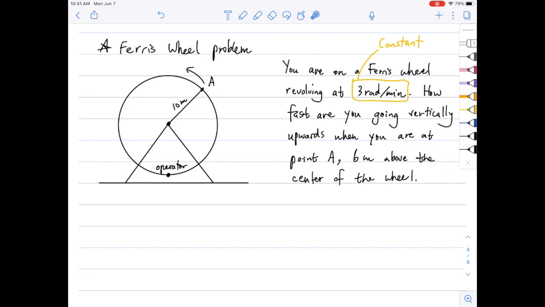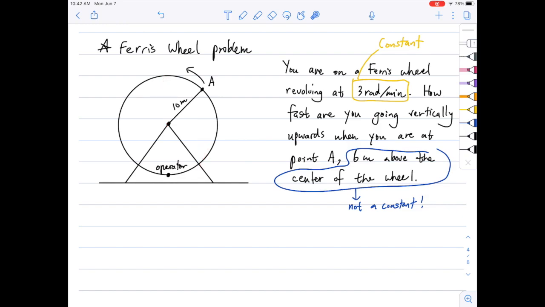I want to make it clear that this value here is not a constant. Meaning the 6 meters above the center of the wheel, it's not always 6 meters. This is just the particular instant in time at which you're evaluating your related rate equation. Because obviously the height above the center is not always going to be 6 meters. Maybe it'll be 6 meters, 0 meters, negative something meters, 10 meters here.